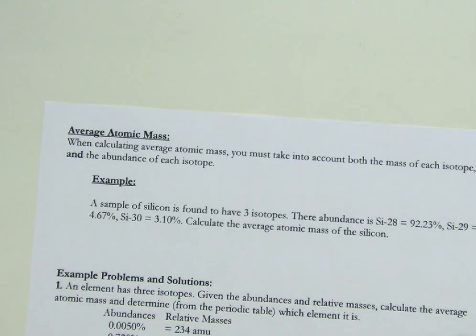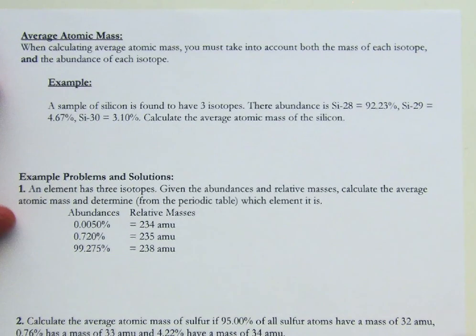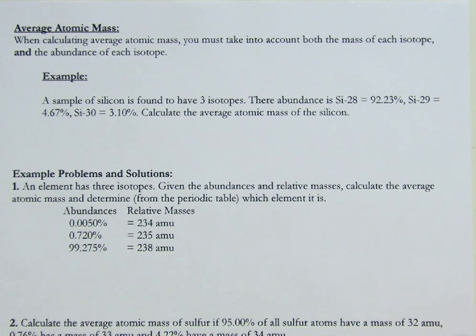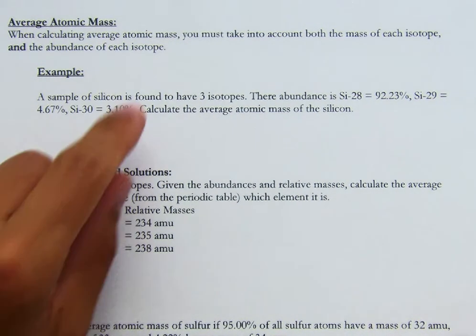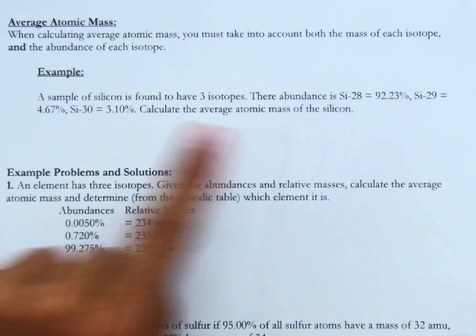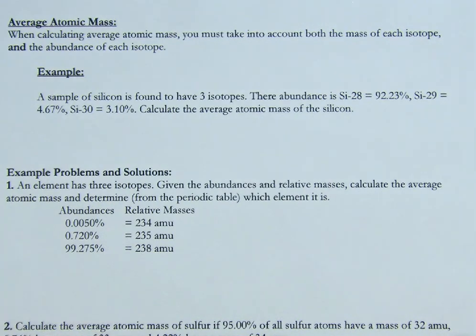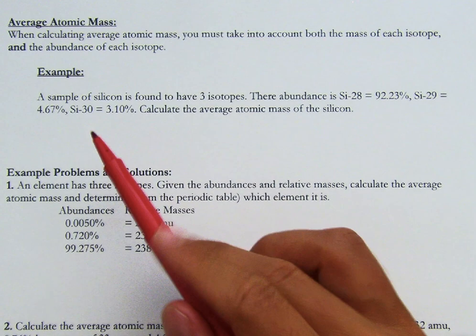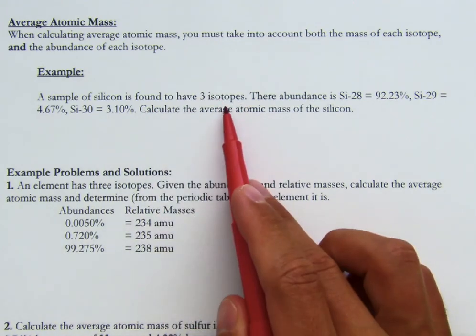And we are going to be practicing calculating average atomic mass. So what it says here is, when calculating average atomic mass, you need to take into account both the mass of each isotope and the abundance of each isotope. So here's an example. It says silicon is found to have 3 isotopes.